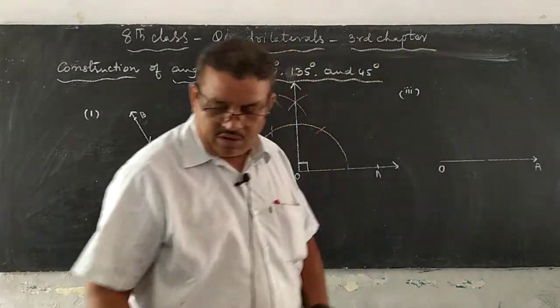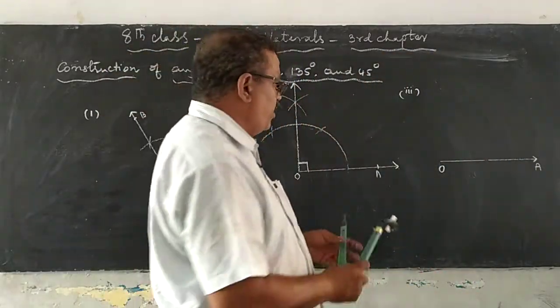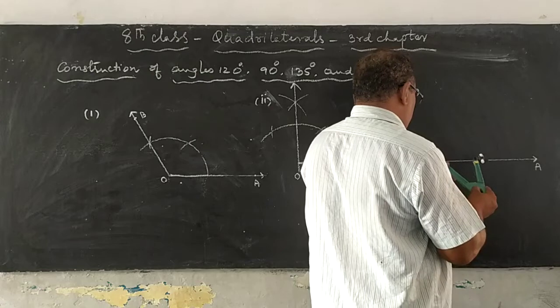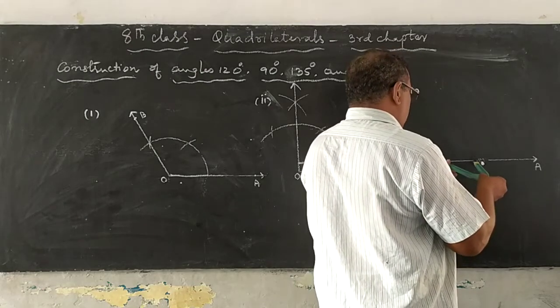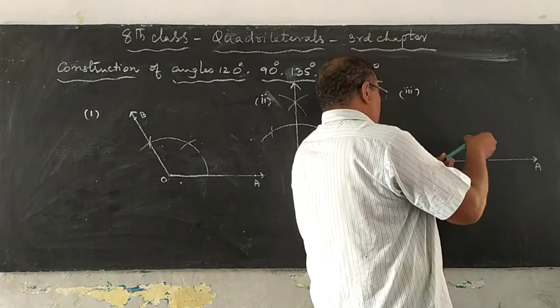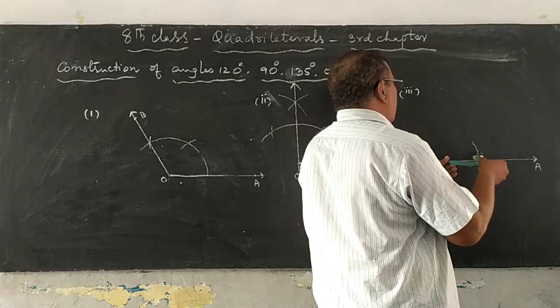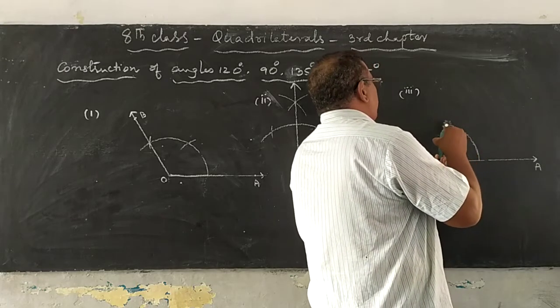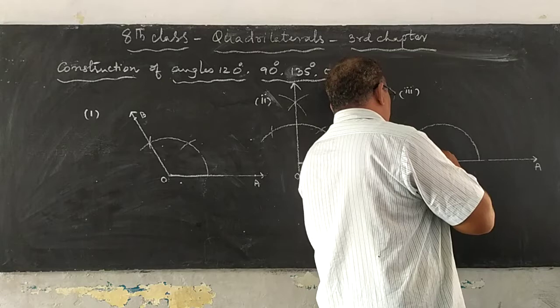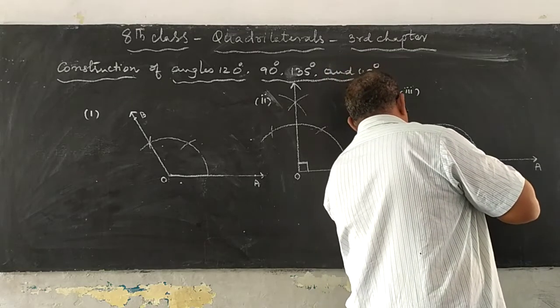Now with the compass, draw a large arc with some convenient radius. But you have to draw a big arc. Why? Because we need to construct more than 180 degrees, more than 120 degrees. So this much we need to draw.